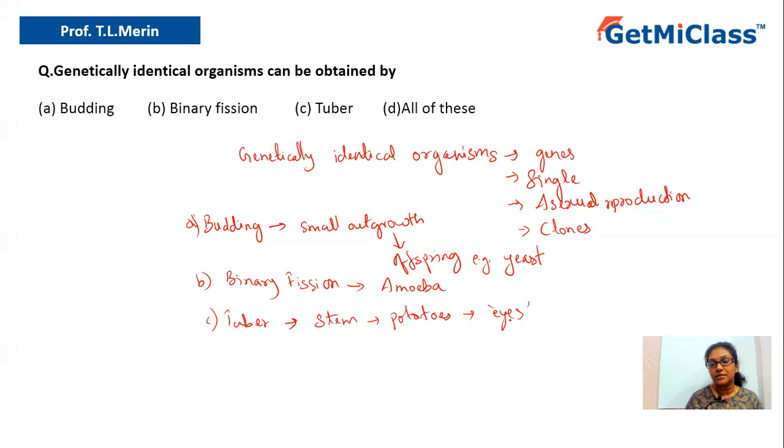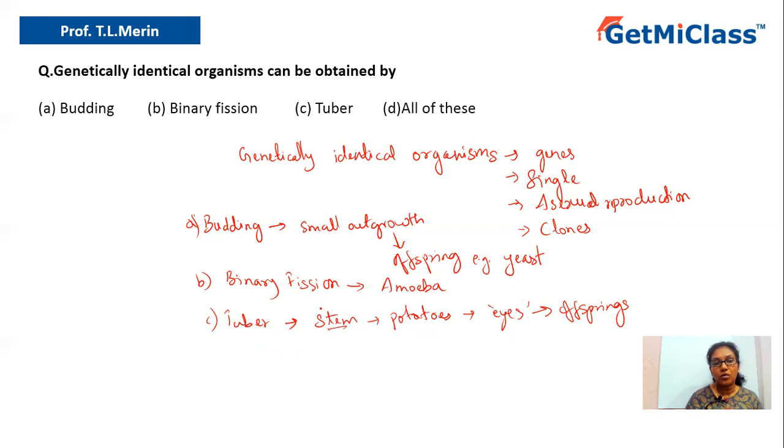These are present on the tuber, that is the modified stem of certain plants like potato. These will give rise to the offsprings or the new plants. So here you can see that from the same parental plant, you're getting the new offspring from a single parent, and hence these offsprings will also be genetically identical to the parent plant.